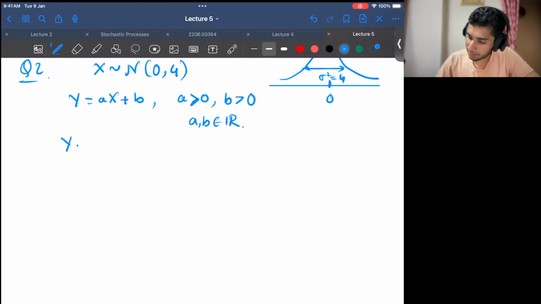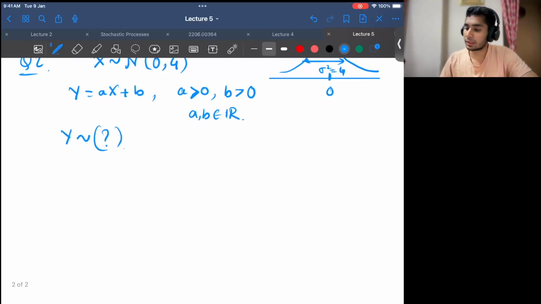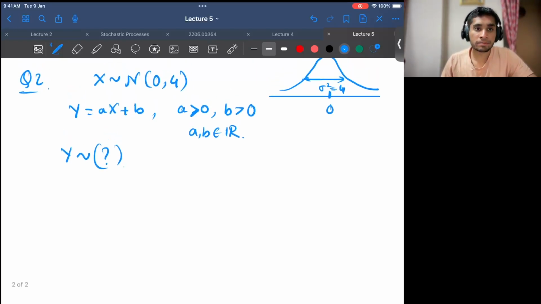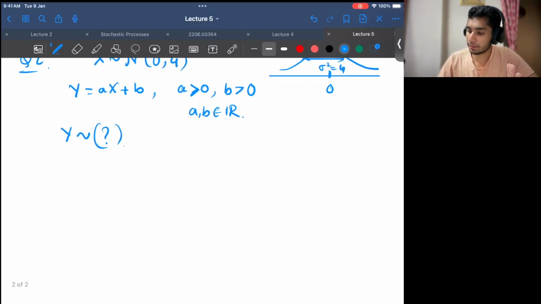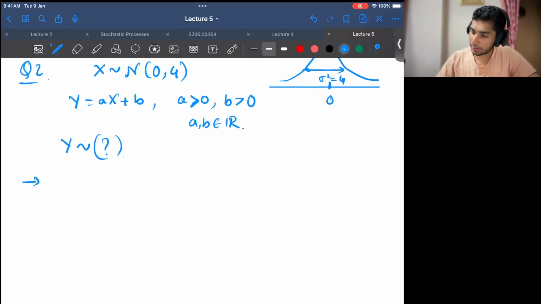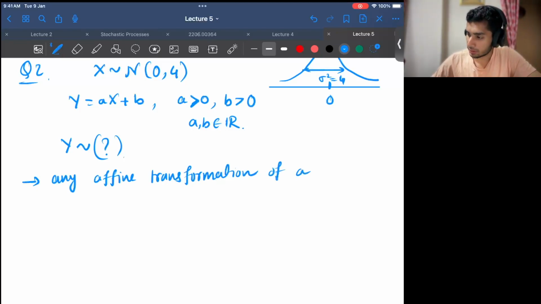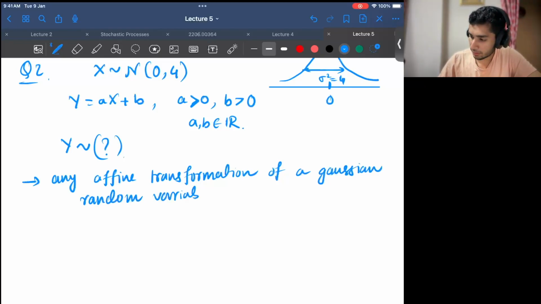If you know the property of the normal distribution, what is the property? Any affine transformation of a Gaussian random variable is also Gaussian.